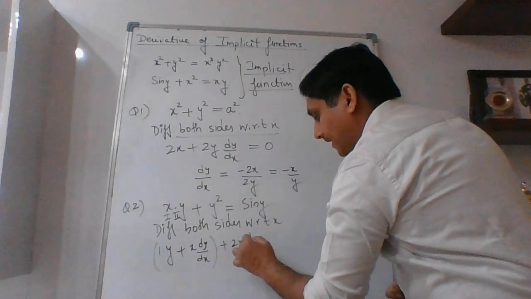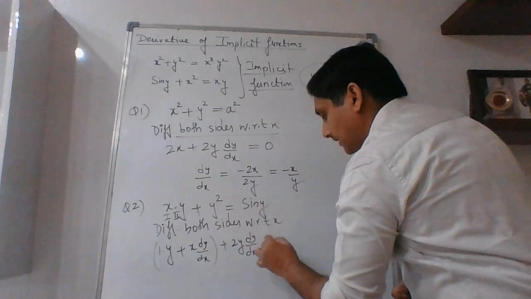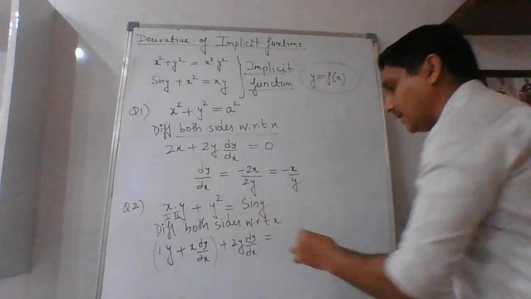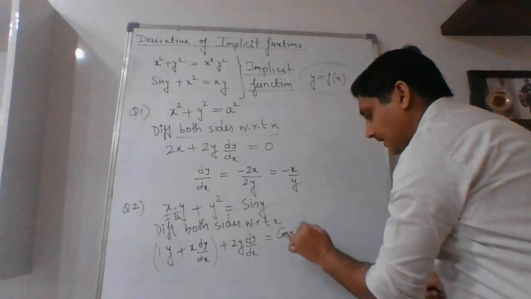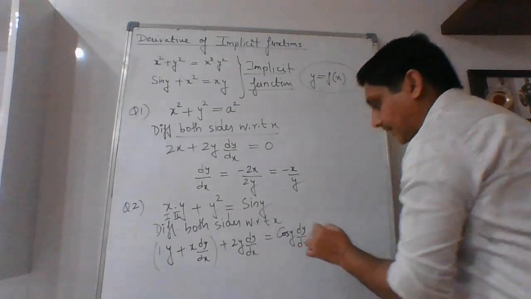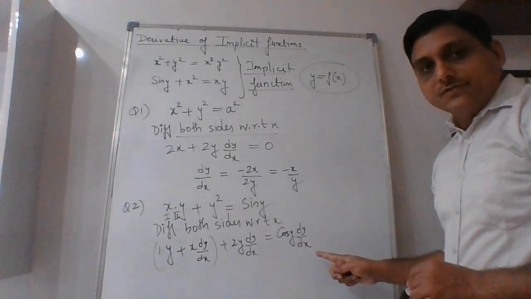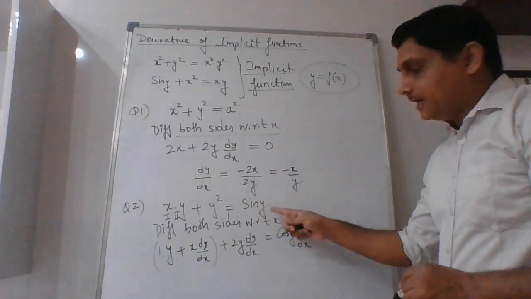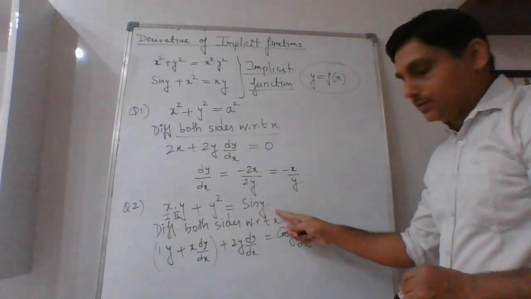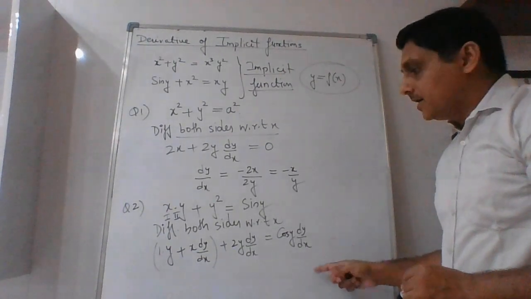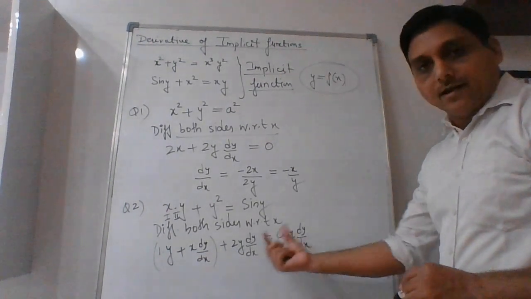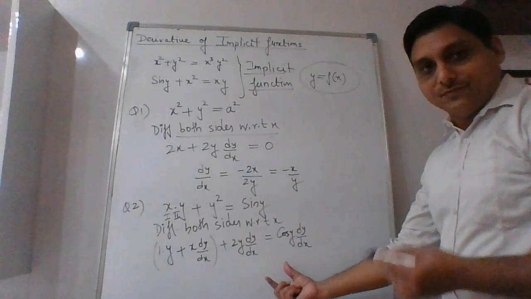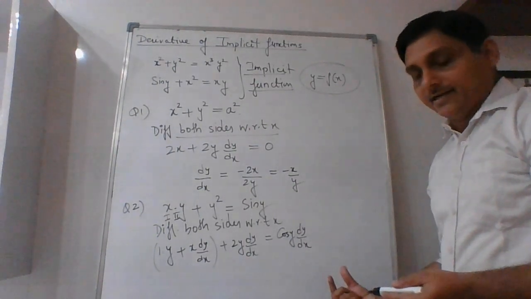plus 2y dy upon dx is equal to, now the derivative of sin y will be cos y, then we have to write dy upon dx. It is again because of chain rule, because you have taken the derivative of sin y. After that we have to take the derivative of y also. So that is why we are getting dy upon dx. Now after this you will just club all the terms of dy upon dx on one side and remaining terms on other side.